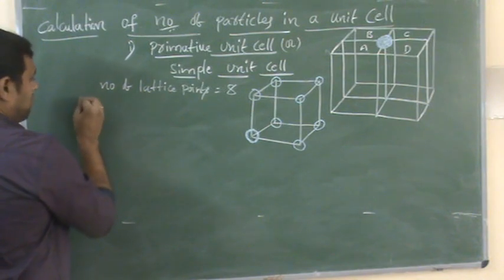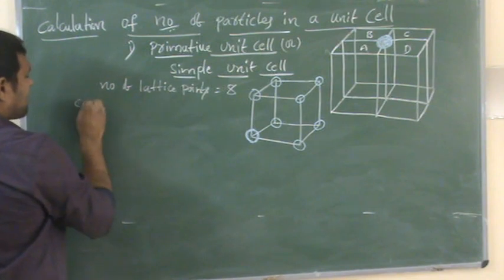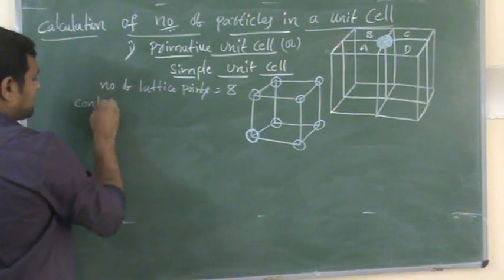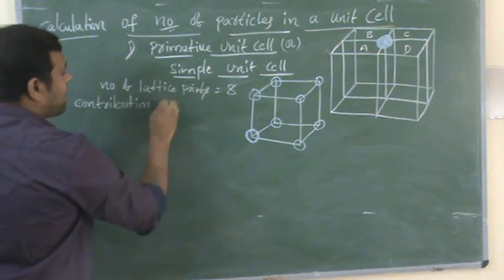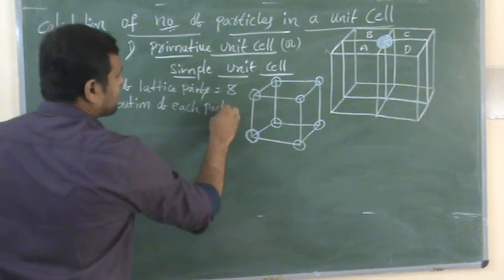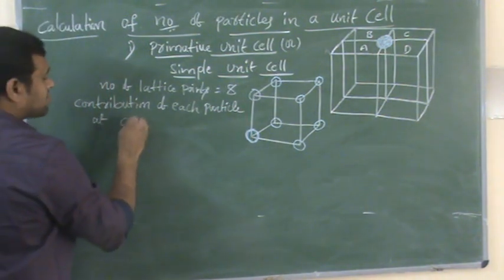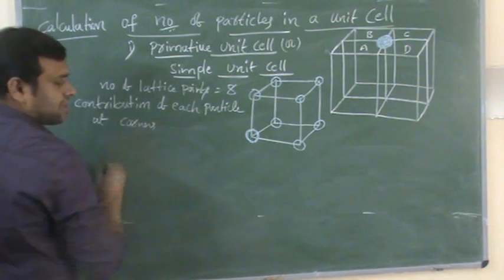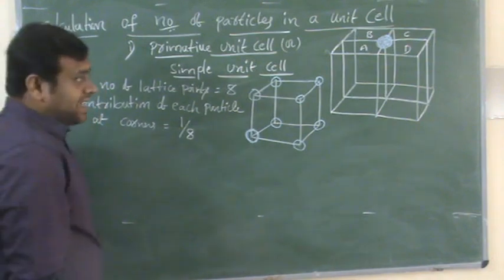So the contribution of each particle at corners is equal to 1 by 8.